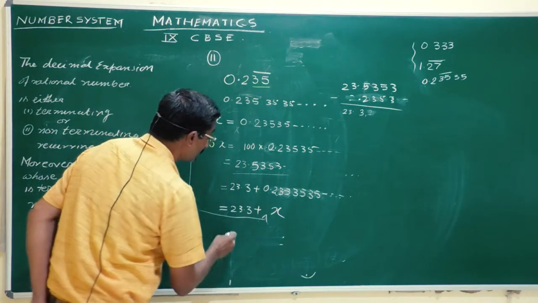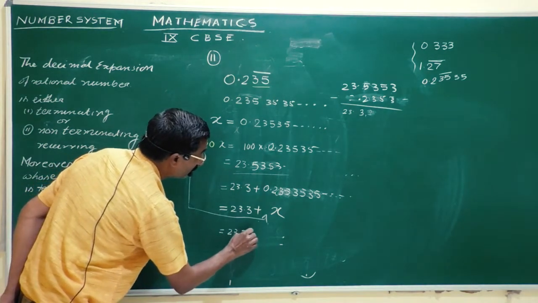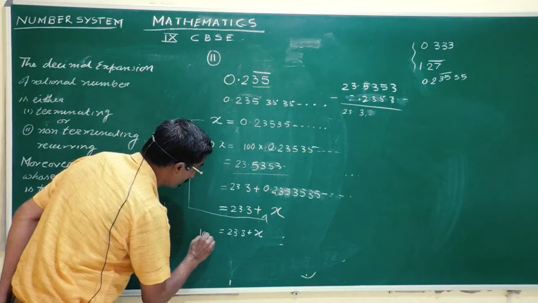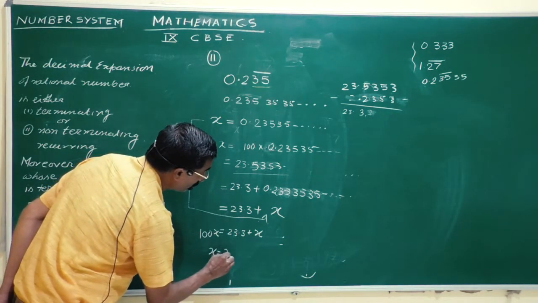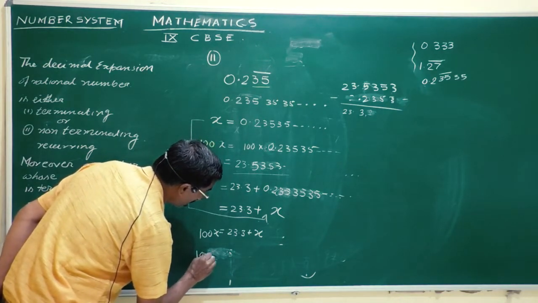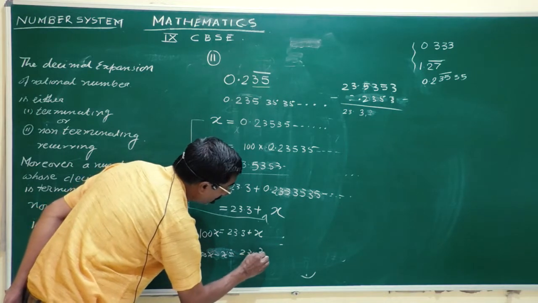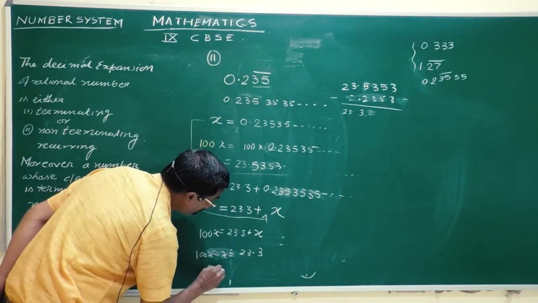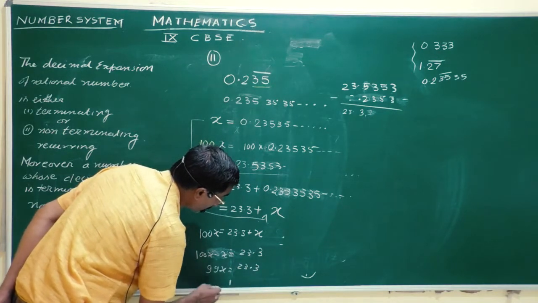This you can see here. So this is equal to 23.3 plus x is equal to 100x. So 100x minus x is equal to 23.3. So 99x is equal to 23.3.